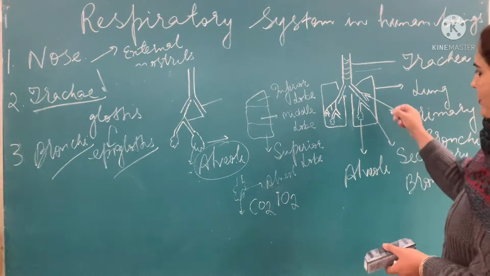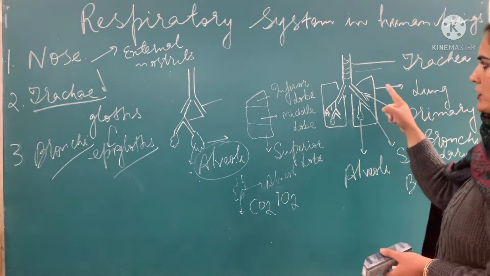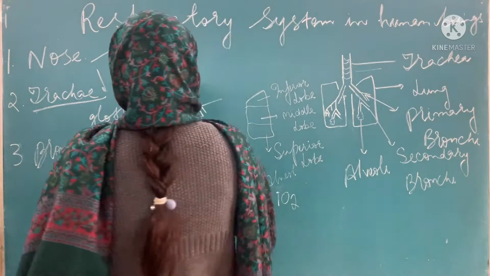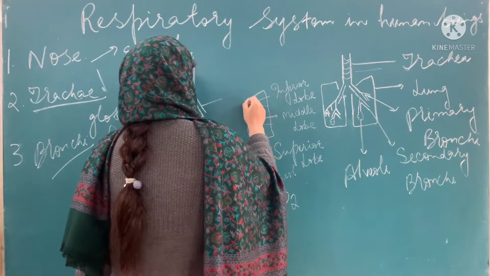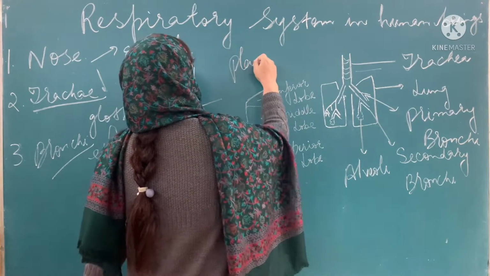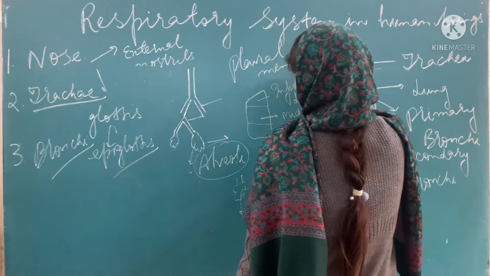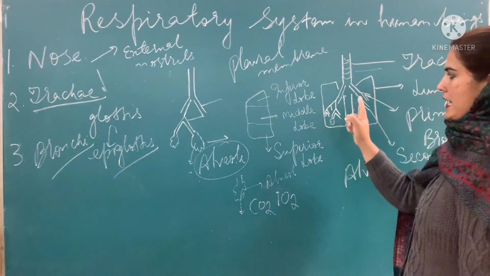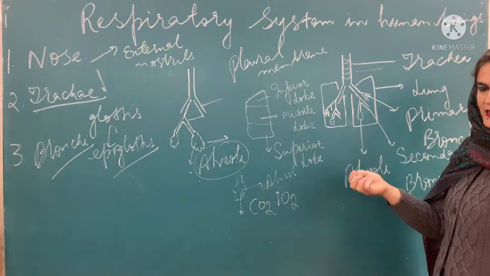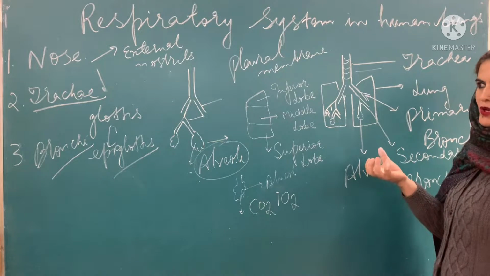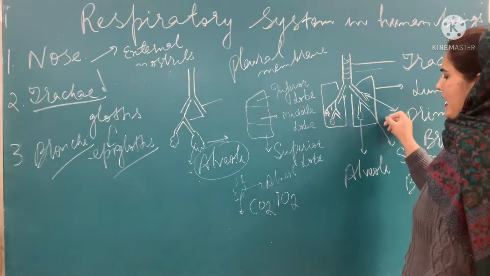So then we have the lungs. The lungs are two in number: there is a left lung and a right lung, and each lung is surrounded by a membrane which is called the pleural membrane.